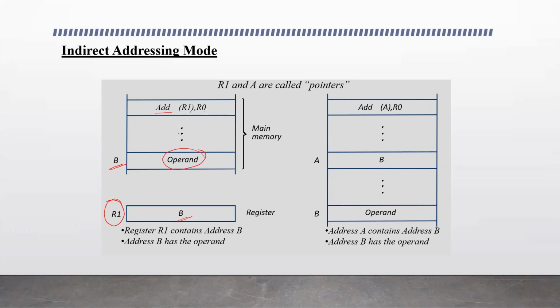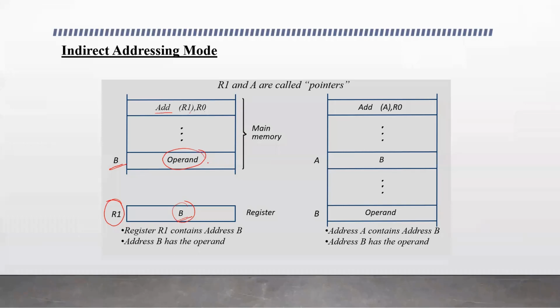It is register indirect, because what is the effective address in this case? It is B, right? Because at this location B, we find the operand. We don't have the effective address in the instruction; in the instruction we have R1. R1 is the register that contains the effective address. So this is register indirect mode.